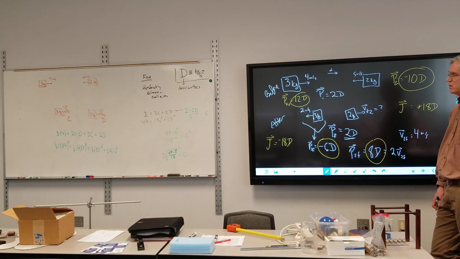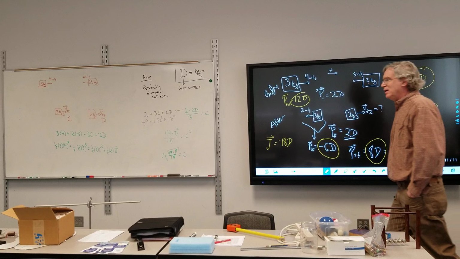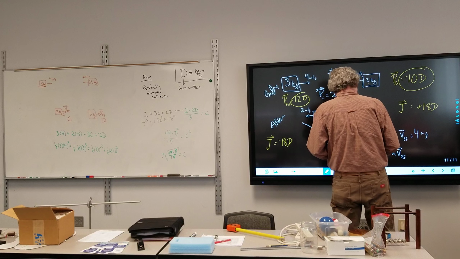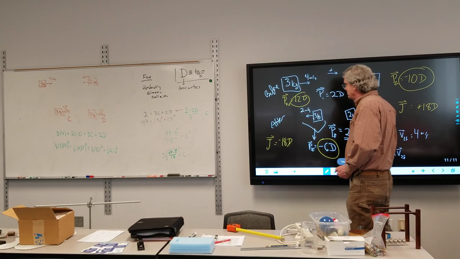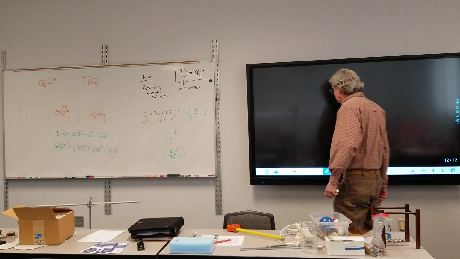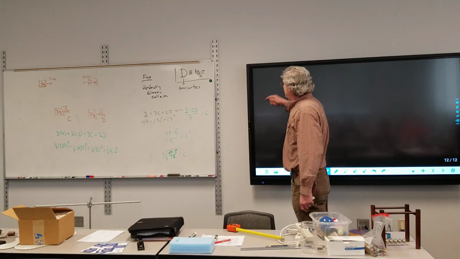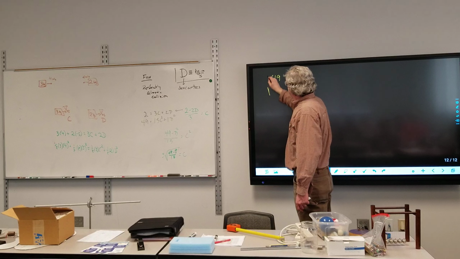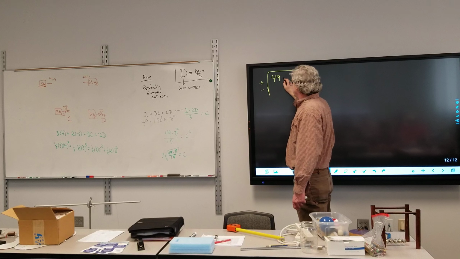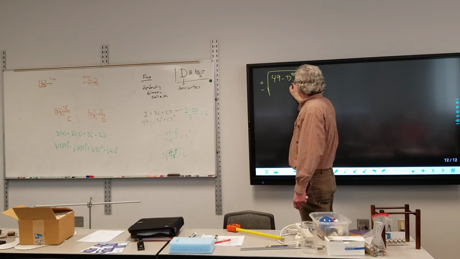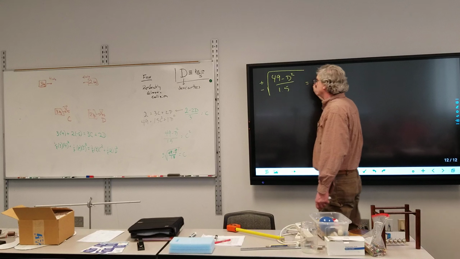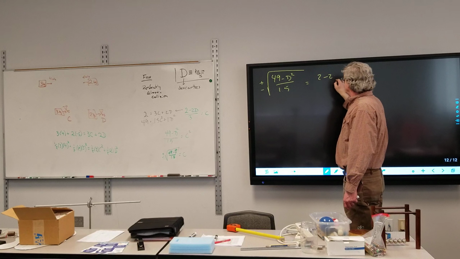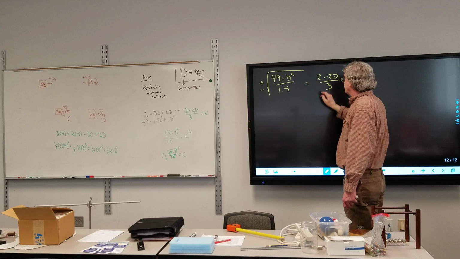Now what? Set them equal to each other? So I have plus or minus the square root of 49 minus D squared over 1.5 equals 2 minus 2D over 3.